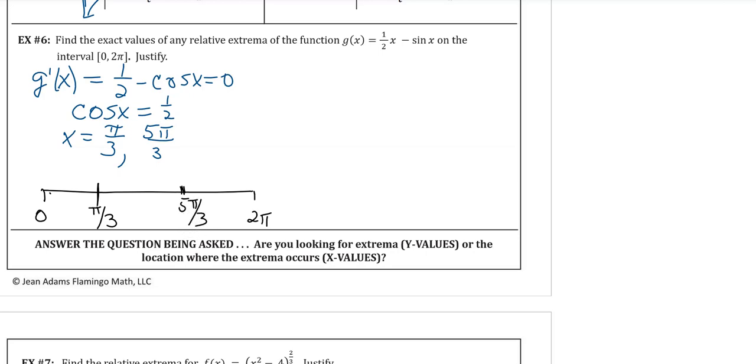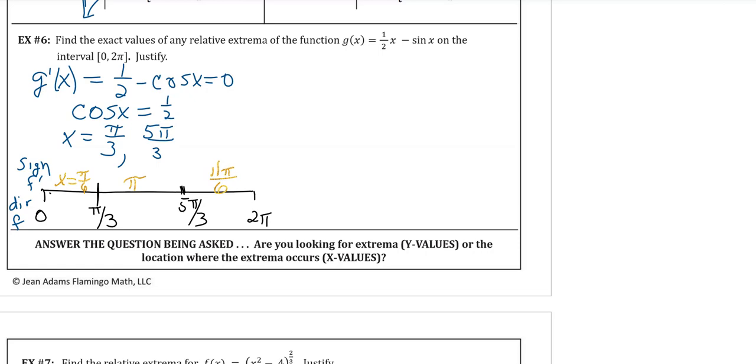And here is my sign of g prime. And here is my direction of g. And so I am going to use x equals pi over 6. And in between those two, I can use pi. And then between 5 pi over 3 and 2 pi is 11 pi over 6.